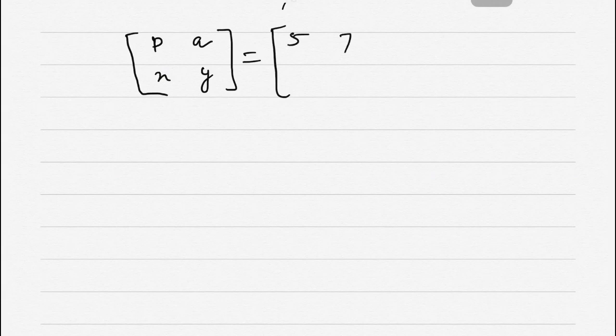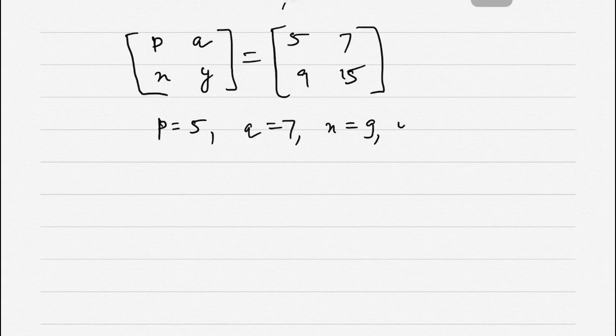Now consider two matrices: P, Q, X, Y and 5, 7, 9, 15. These are two matrices which are equal to each other. They will be equal only when P is equal to 5, Q is equal to 7, X is equal to 9 and Y is equal to 15.